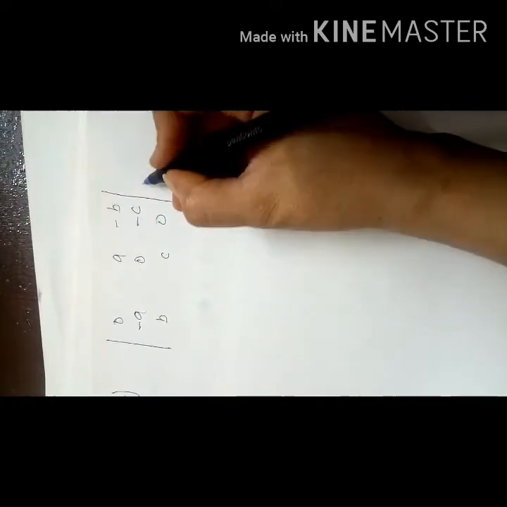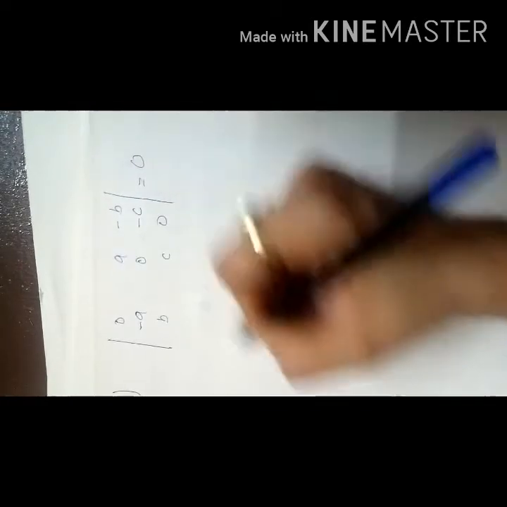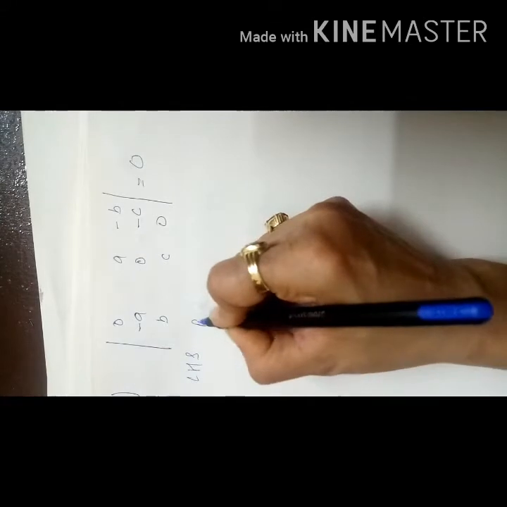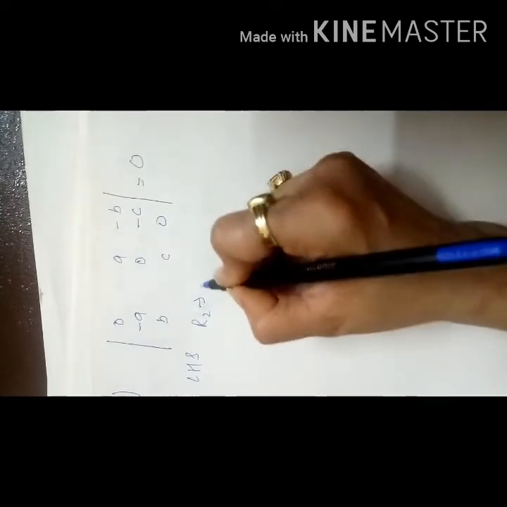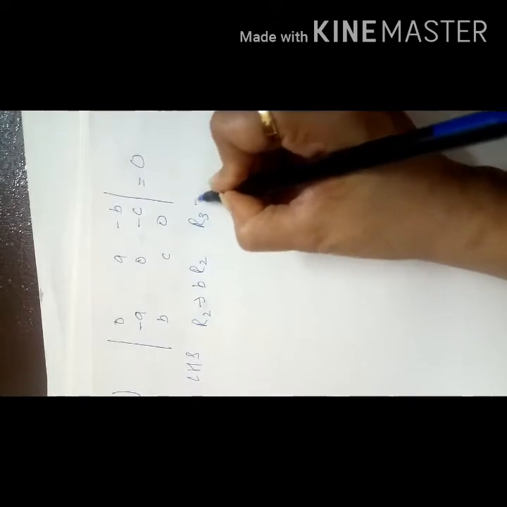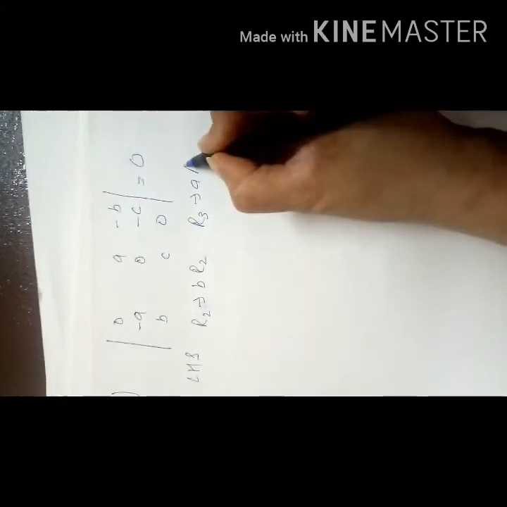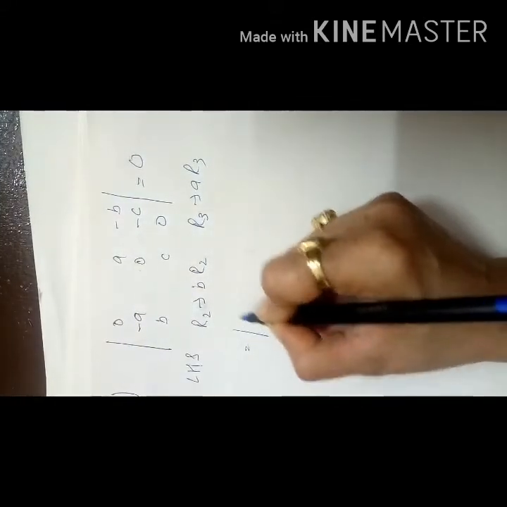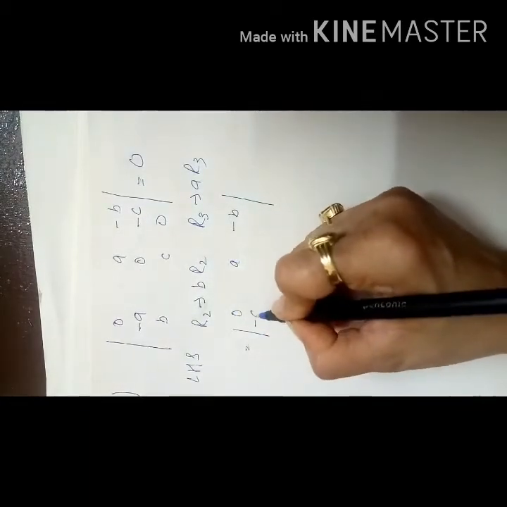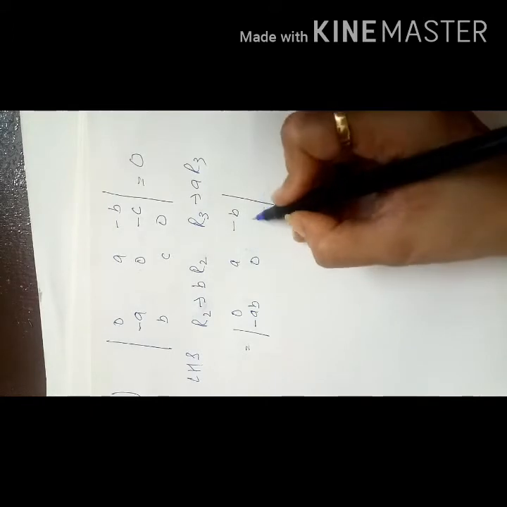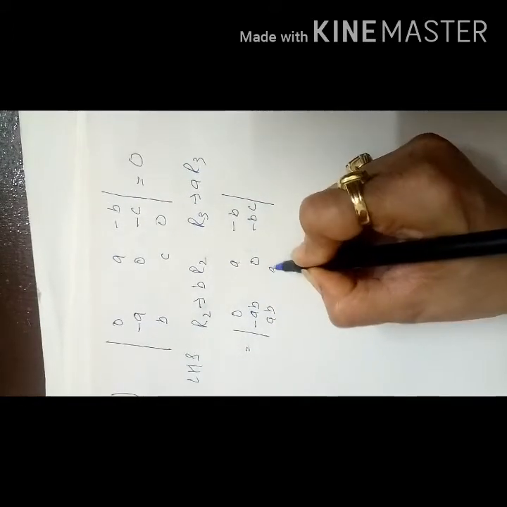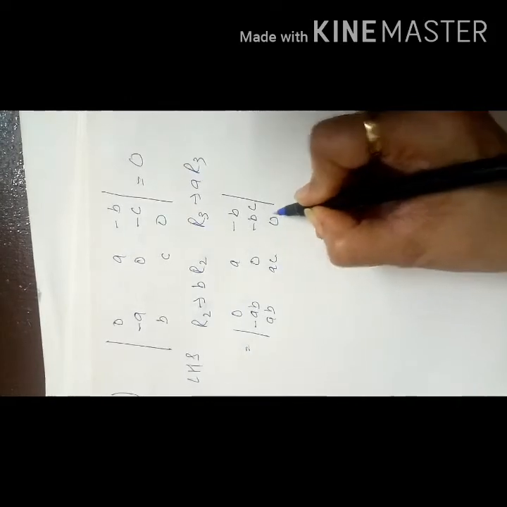Now, this is question number 6. We have to prove this determinant is 0. On the left side, we are multiplying row R2 by B and row R3 by A. Then 0, A minus B, then minus AB, 0, minus BC, then AB, AC and 0.